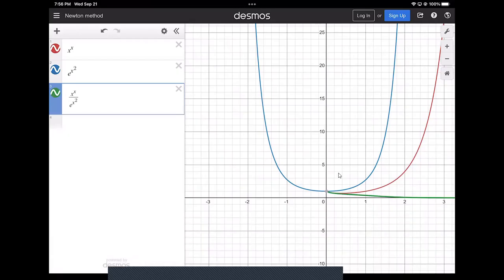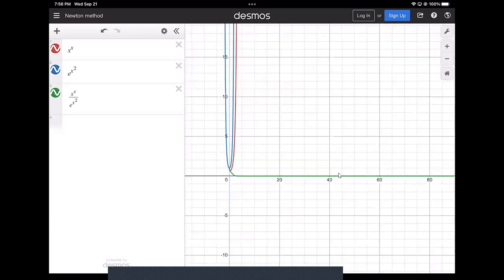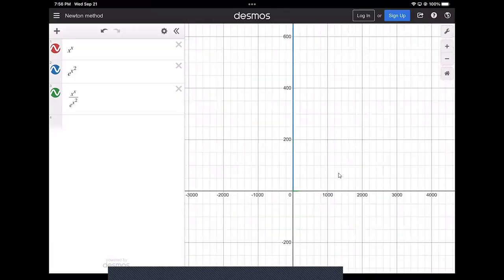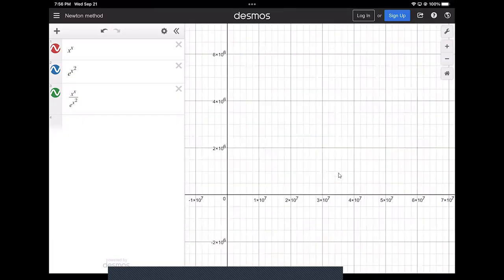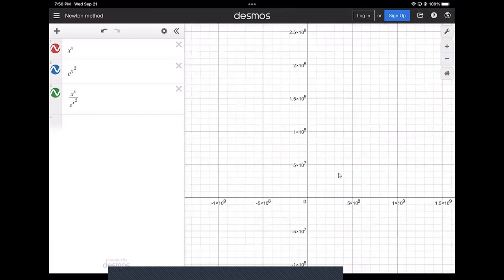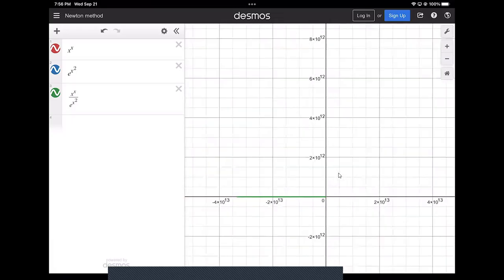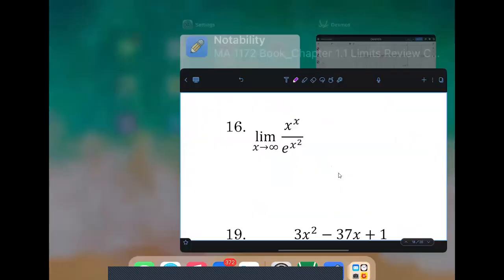All right, and if we zoom out a lot, oh, I lied to you. The exponential is in the bottom. So if I zoom out a lot, this thing never starts shooting back up, because it's trailing off to 0, because e to the x squared is dominating the x raised to the x. All right, so that means this thing goes off towards 0.